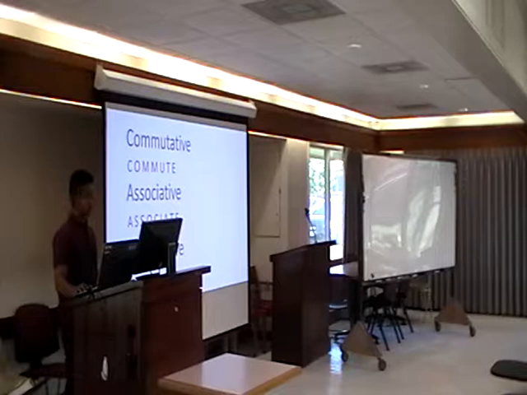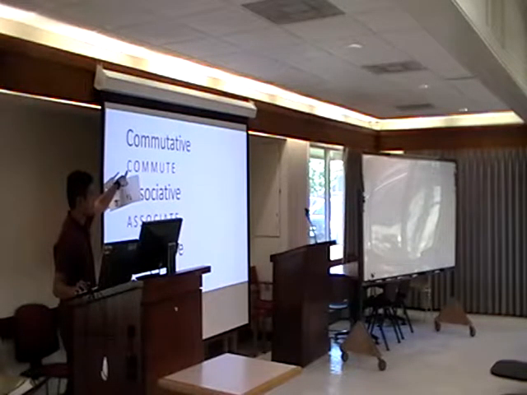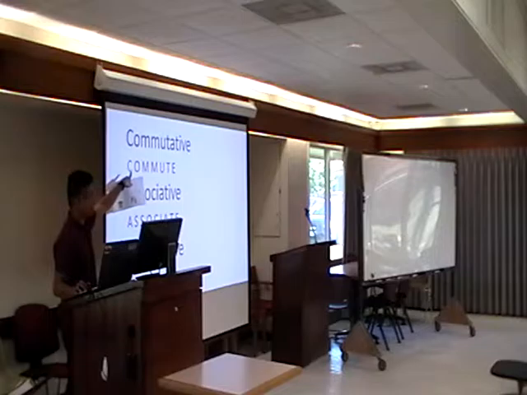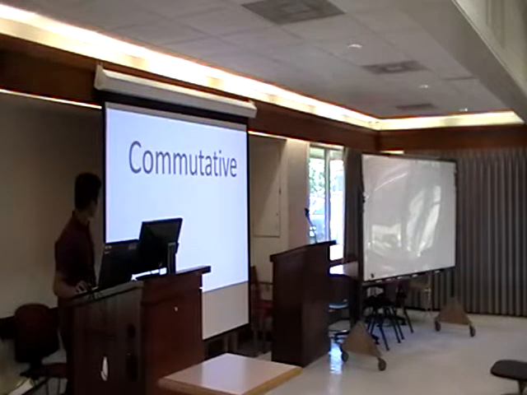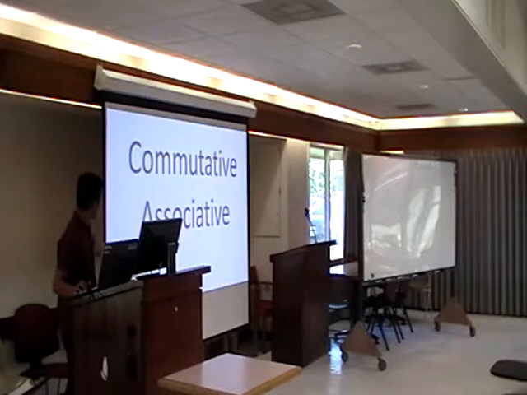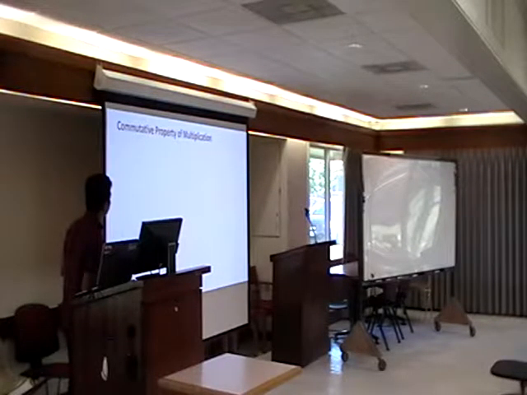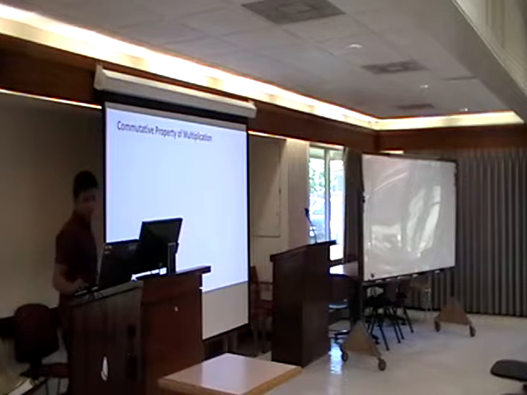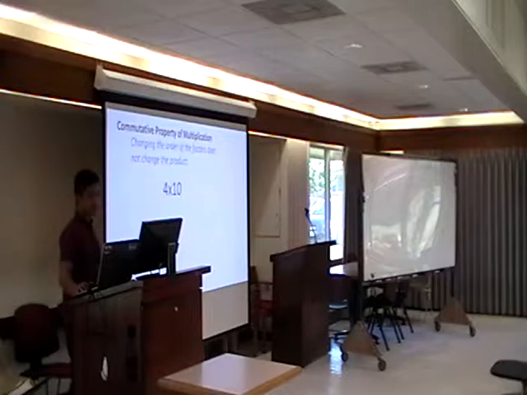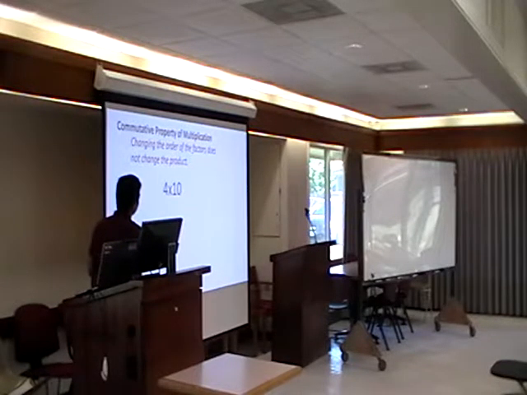Okay? Now, the first property of multiplication is commutative. And then the second one is associative, and the third one is distributive. Now for the commutative property of multiplication, we have one example here, 4 times 10. It says that changing the order of the factors does not change the product.